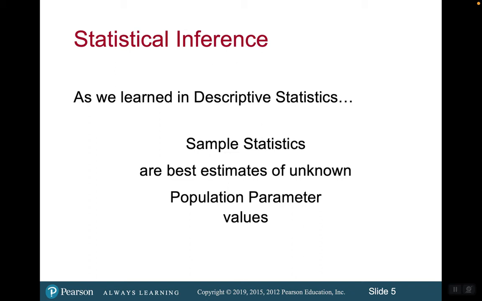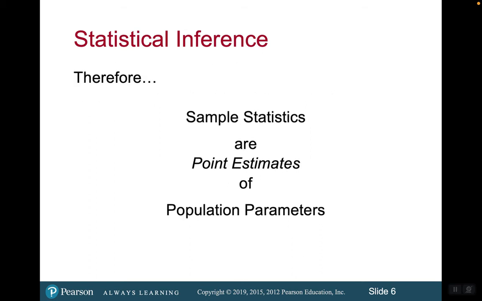Our best tool is to take a sample, and apply the results of the sample analysis against the overall population with some degree of confidence. Therefore, our sample statistics are point estimates of population parameters.